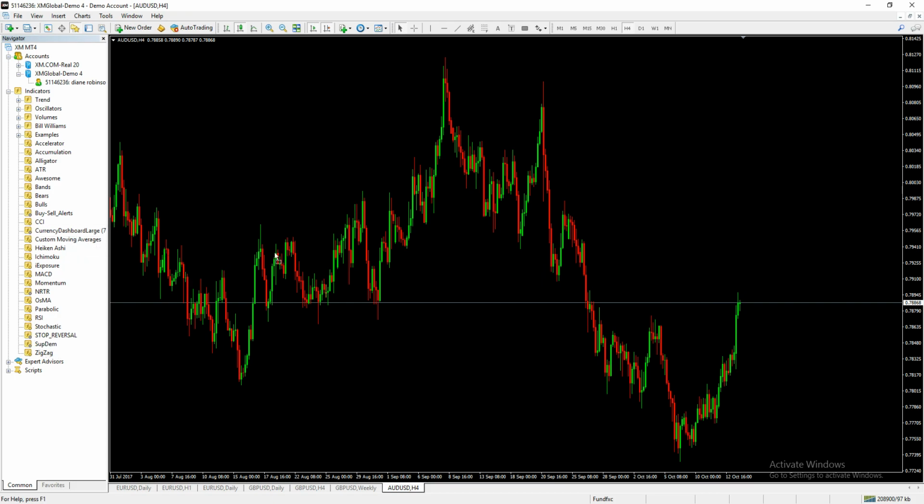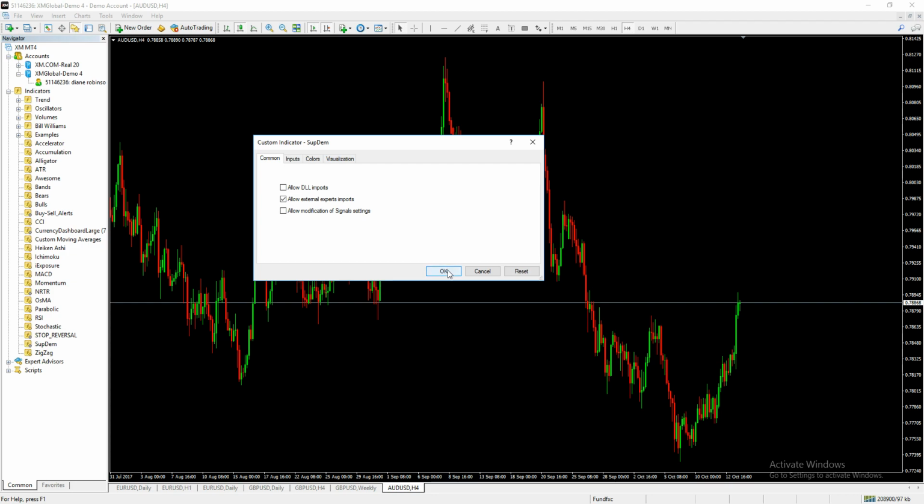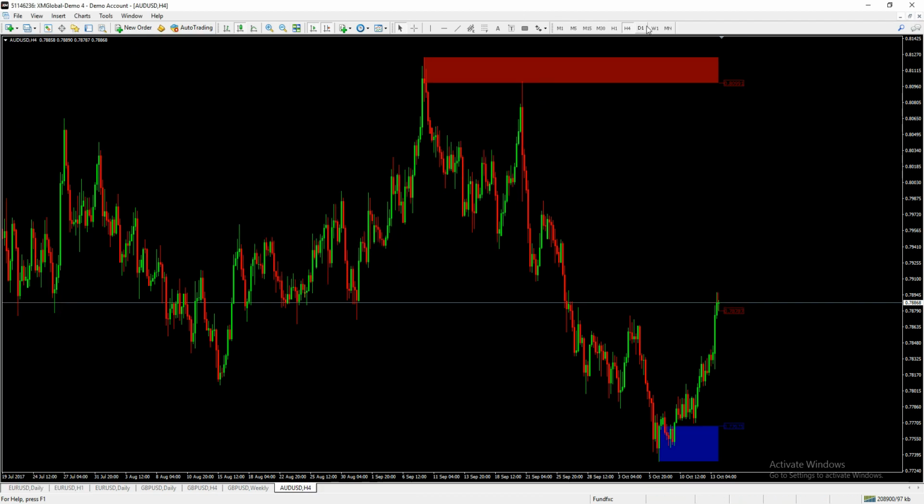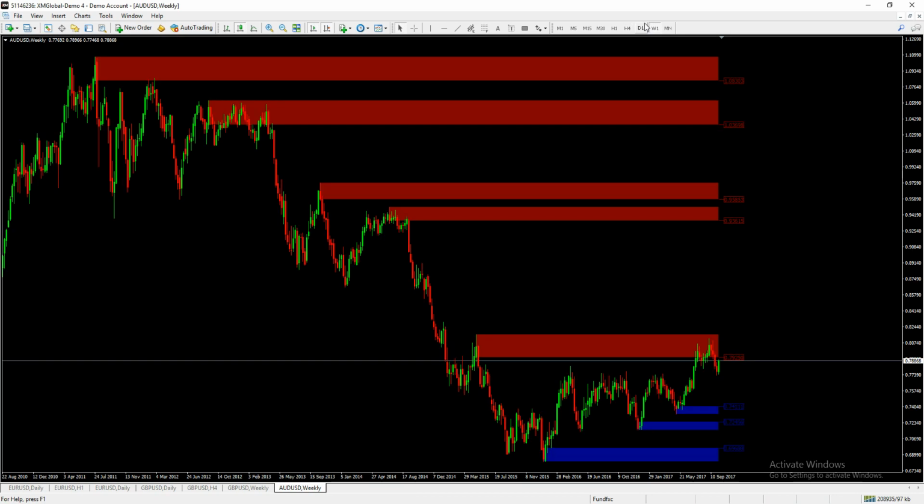Click on subdem, drag and drop it onto the screen. Press OK. Close the navigator. Let's go to the weekly, and you'll see the subdem indicator automatically adds the areas of supply and demand. Supply is the red and demand is the blue boxes.